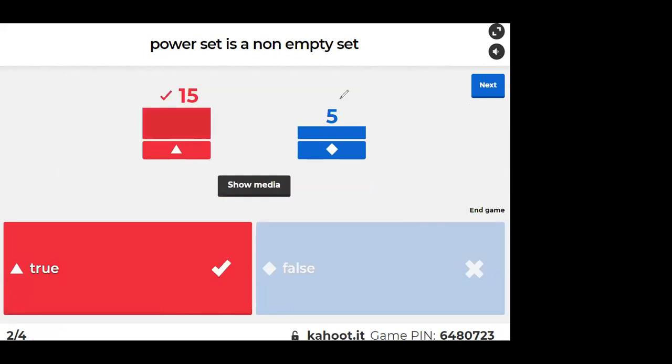Because the number of elements in the power set is given by 2 to the power n. So even if the number of elements is 0, it will become 2 to the power 0, which is equal to 1. Again, guys, I made a very small mistake. Phi is the empty set, just phi.